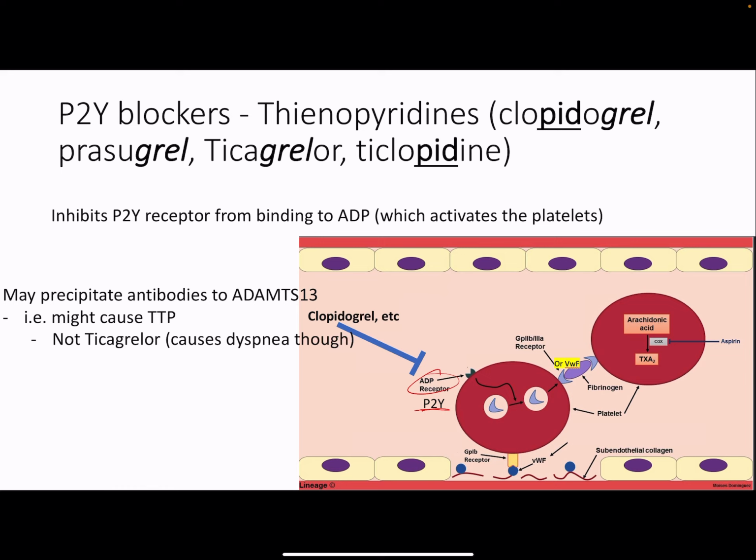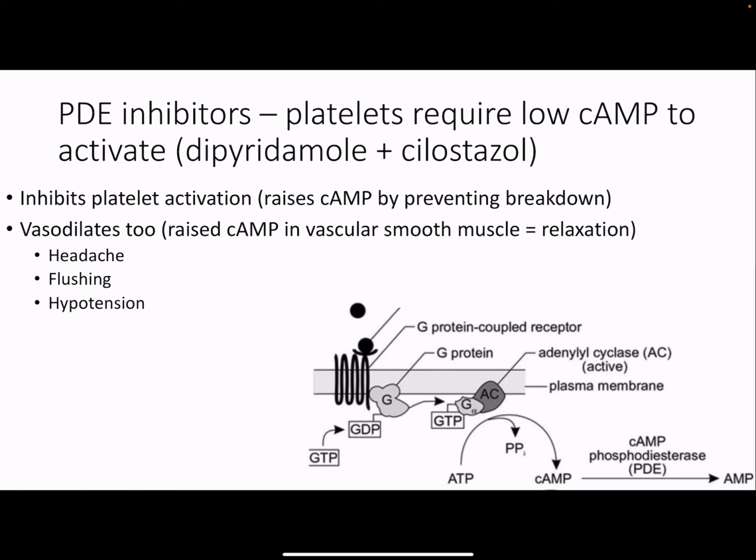Note, though, that at least 3 of these 4 can cause antibodies to ADAMTS13, which we previously said can cause TTP and MAHA, microangiopathic hemolytic anemia and schistocytes. I would note that ticagrelor does not cause these antibodies. It does cause shortness of breath, though.